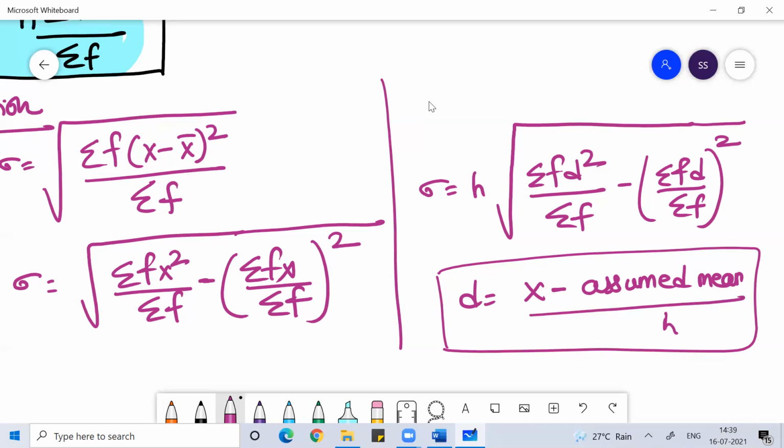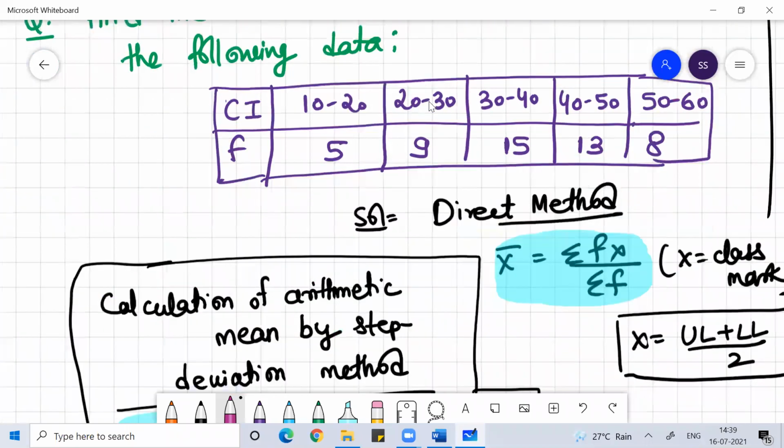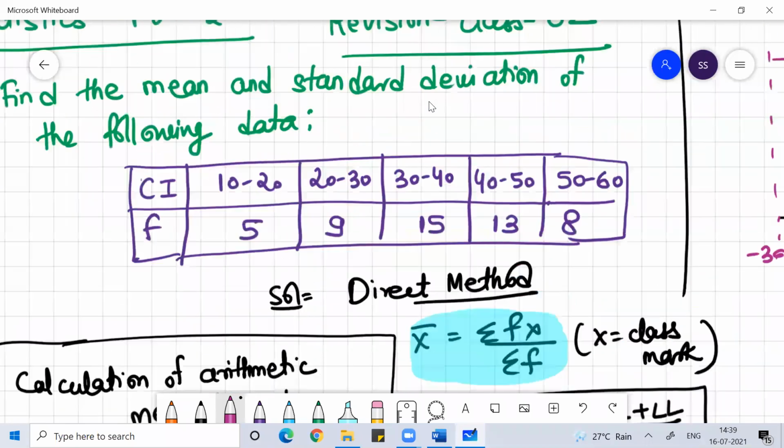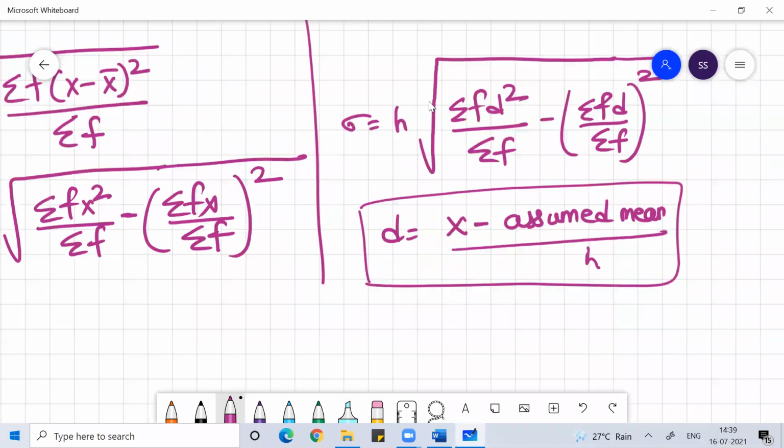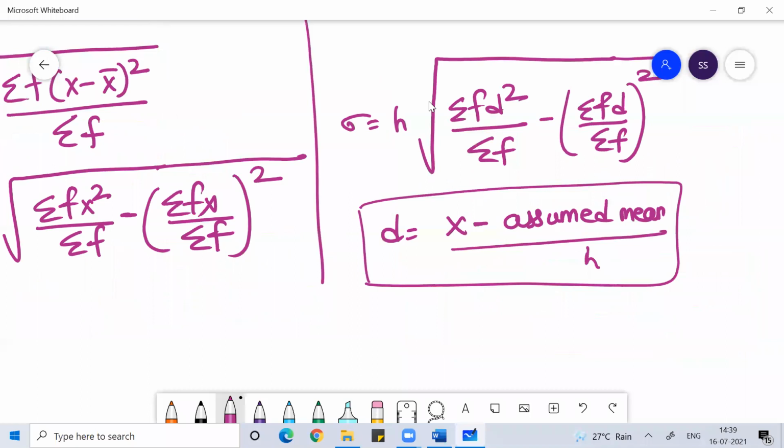So let's solve the problem. Till now, I have only mentioned the formulas: the formula to calculate the mean, the formula to calculate the standard deviation. So I believe now you are well versed with the formulas.